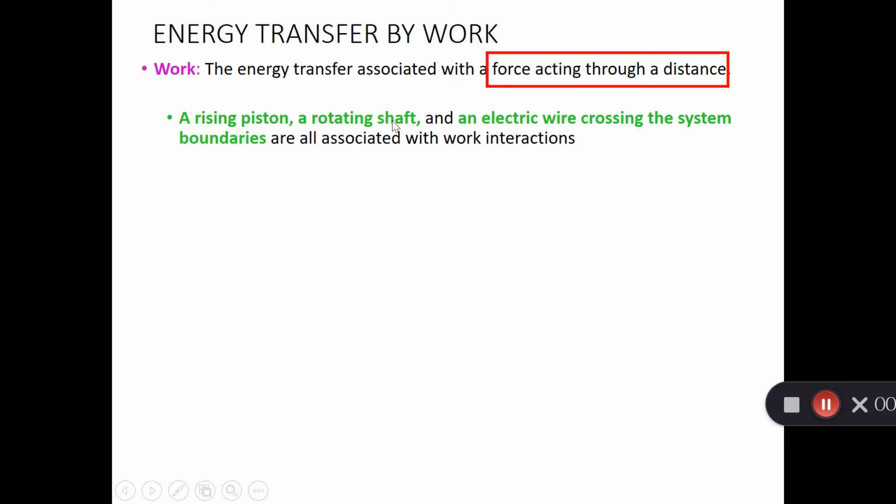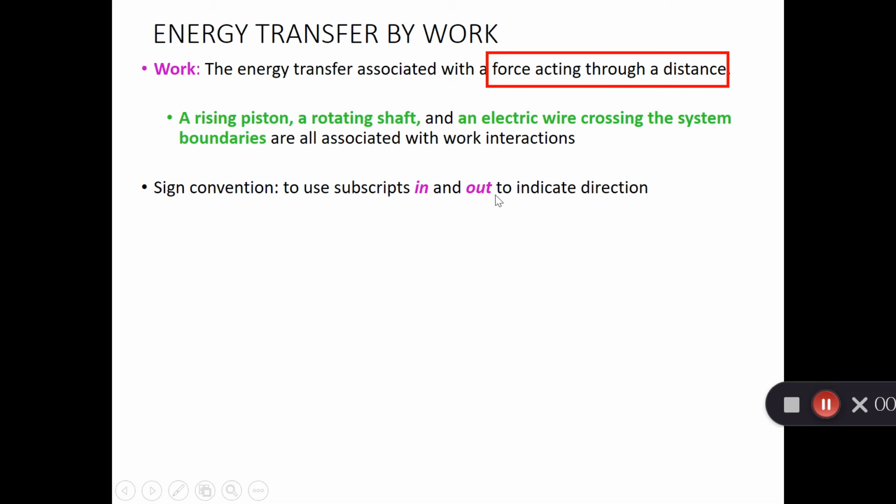And a special one will be electric wire. So electrical work is considered as a type of work too. There's a special equation for you to calculate it, which we will see in later slides. So how to know whether the work is positive or negative? We just use in and out.